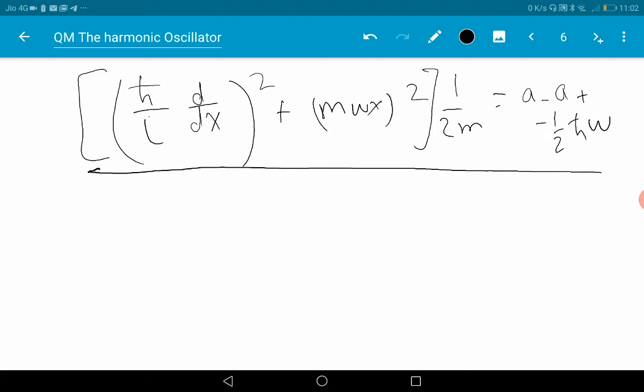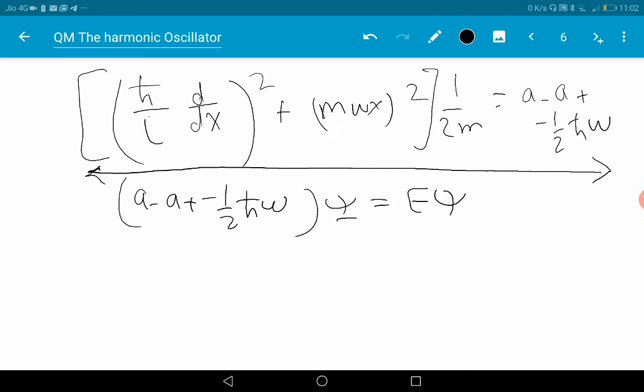This is what we got after combining the Schrodinger equation with the product of a minus and a plus. So next we have our new Schrodinger equation, which is (a minus a plus minus half h cross omega) psi equals E psi.